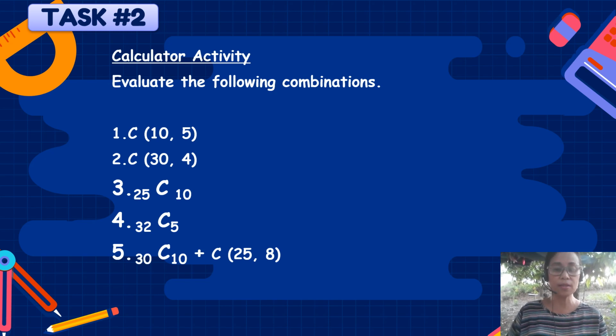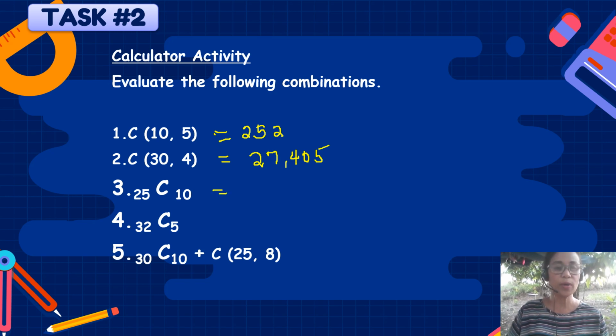The answer is 252. Number 2, 30 choose 4 has a value of 27,405.